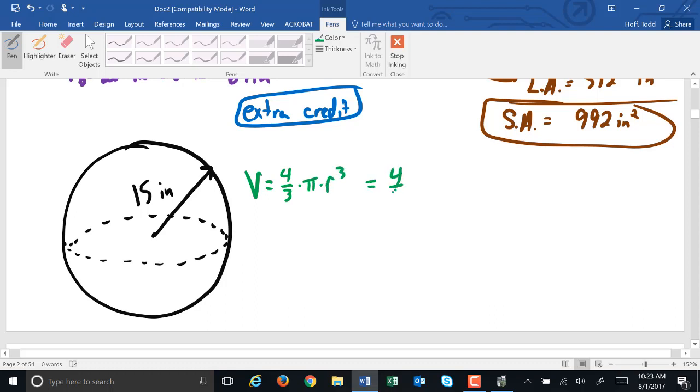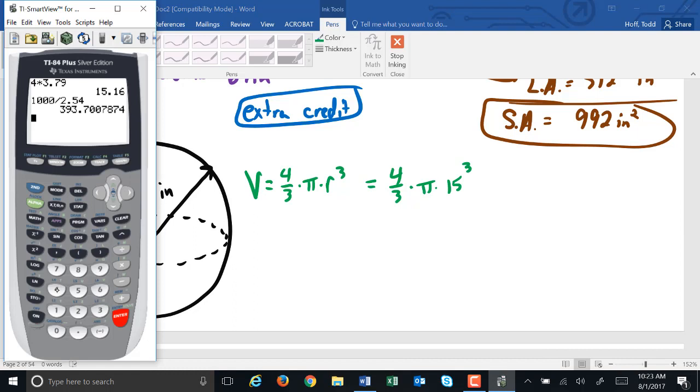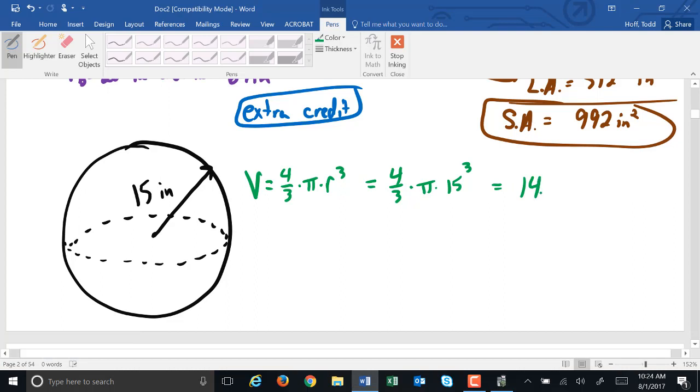So that's 4/3 times pi times 15 cubed. So 4 divided by 3 times 3.14 times 15 to the power of 3. 14,130. That's in inches, so this will be in cubic inches. So that's our volume for a sphere.